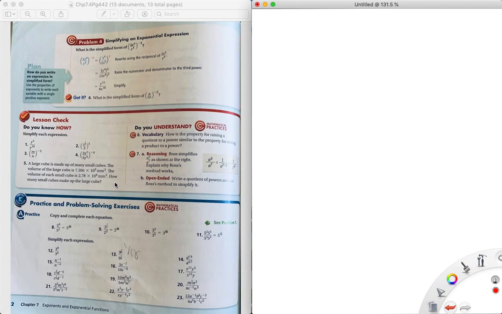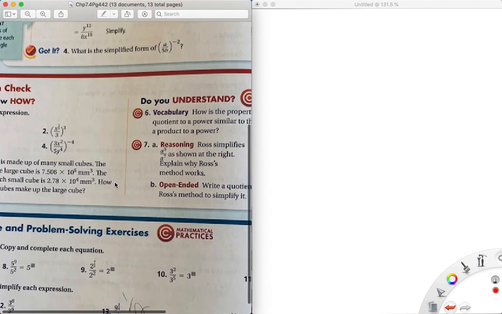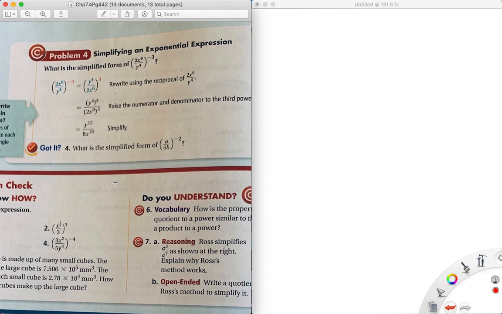Okay, lastly, multiplying by negative exponents. When we multiply by negative exponents, it's the same exact process. So the book is telling you to do it another way.